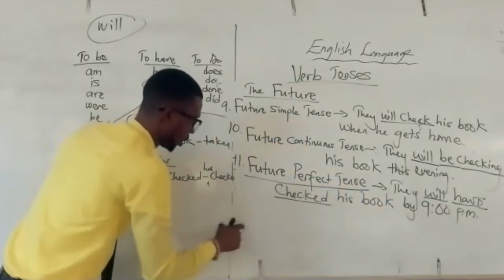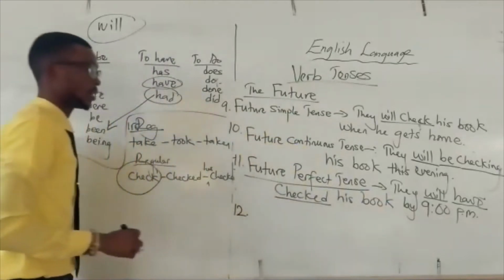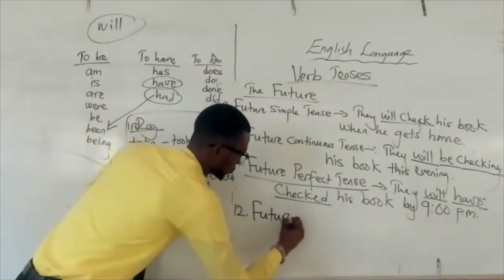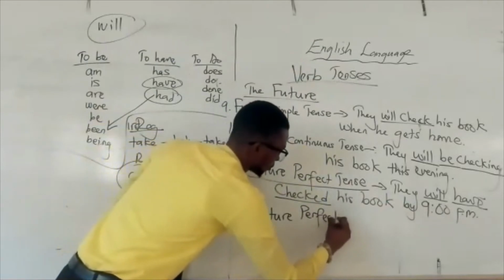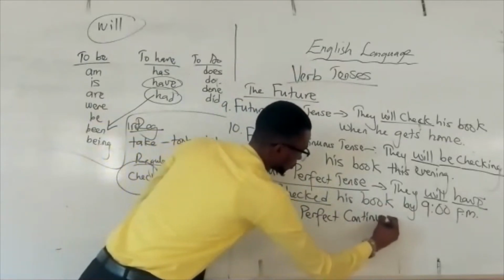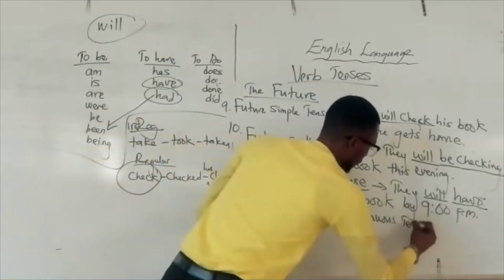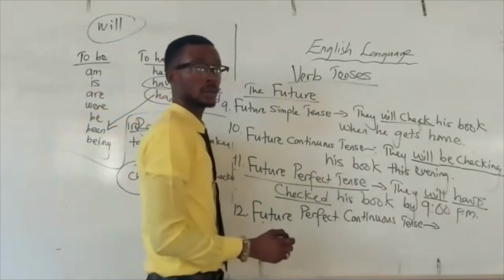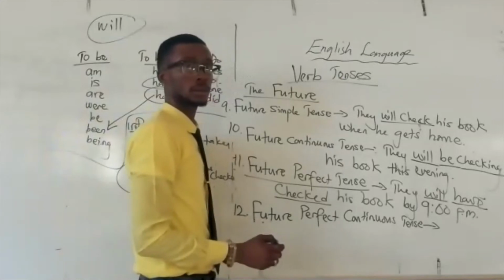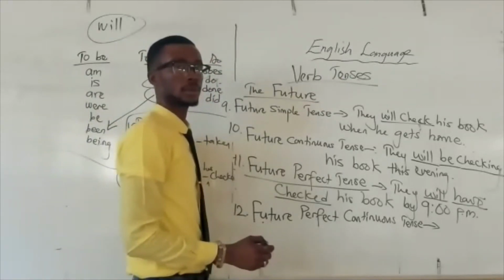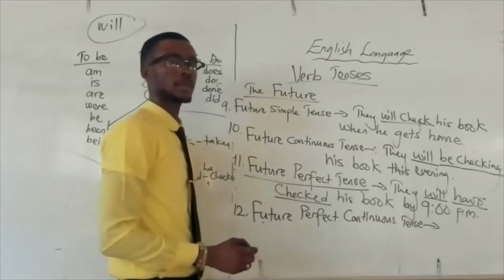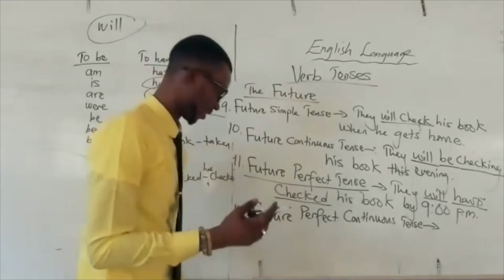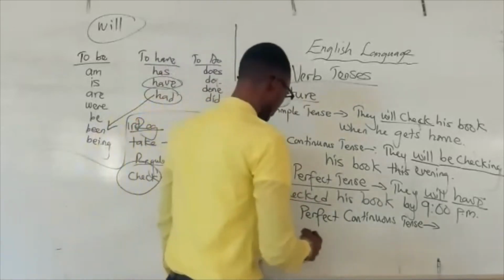Okay, the last one, number 12, it is the future perfect continuous tense. So subsequent lessons will be done now, okay?